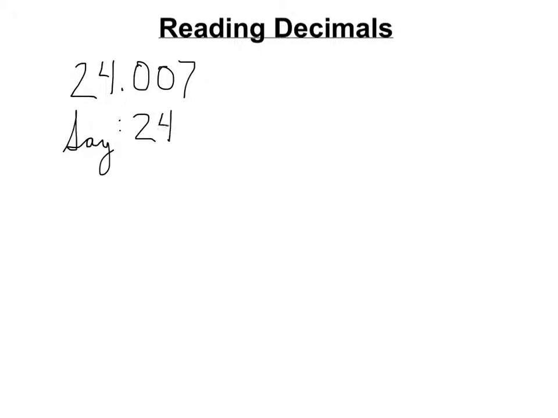Reading decimal numbers is actually quite easy. For example, let's take a look at this number. If we see this, we would say 24.007.